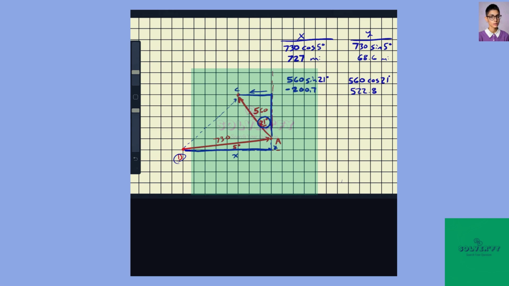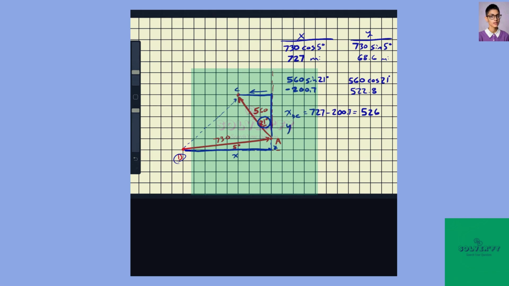And so my total x displacement from Dallas to Chicago is going to be 727 minus that 200.7, and we'll just round off a little bit, call this 201, so we'll call that 526.